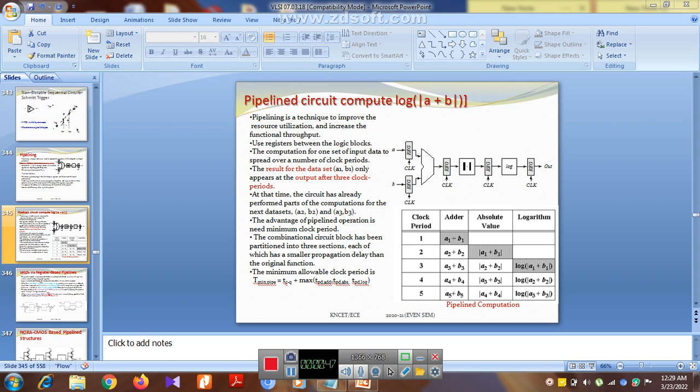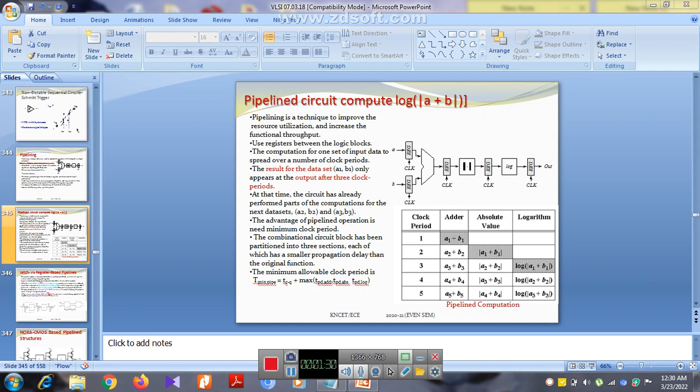The result for the data set A1 comma B1 only appears at the output after 3 clock periods. At that time, the circuit has already performed parts of the computation for the next data sets, A2 comma B2 and A3 comma B3.